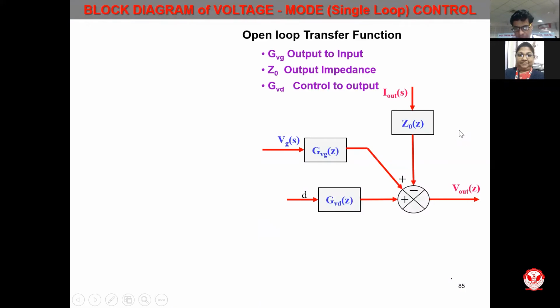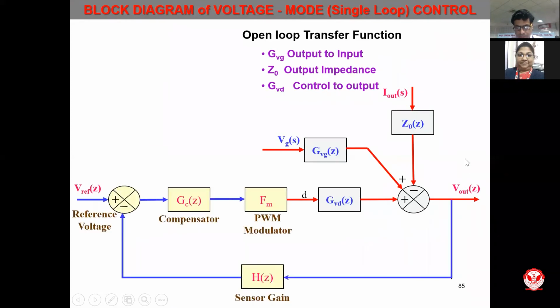The control diagram looks something like this, a voltage mode or single loop control diagram, which indicates the output voltage dynamics we have just seen. If you close the loop, you have the sensor, reference voltage, then the controller and the PWM modulator. So this forms the closed loop control block diagram for single loop control.